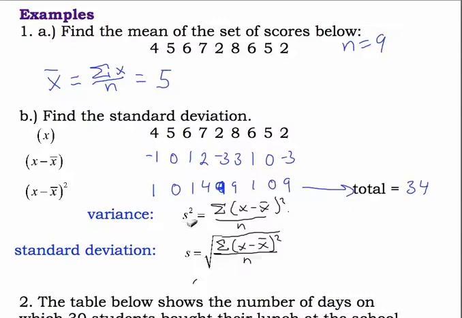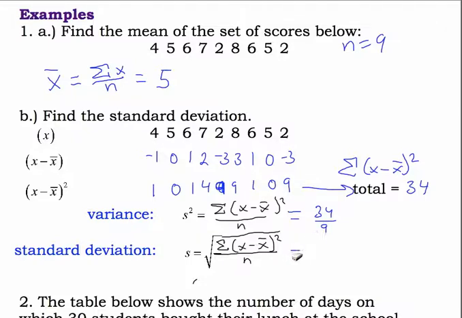Okay, and what this is telling us for the variance is you get each of the data values, subtract the mean, then square it, and then you add them all up. Well, that's what we just did right here, right? So this thing is equal to the sum of these squared. To calculate this, we basically do 34 divided by 9.